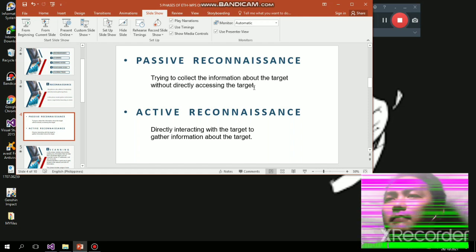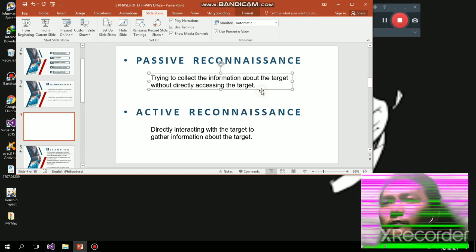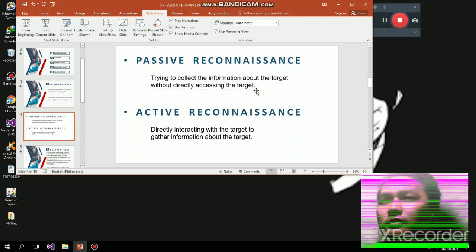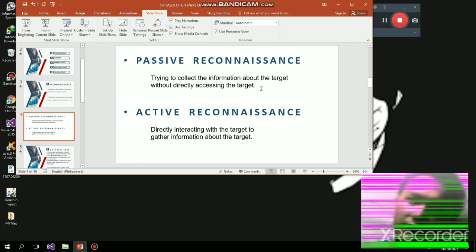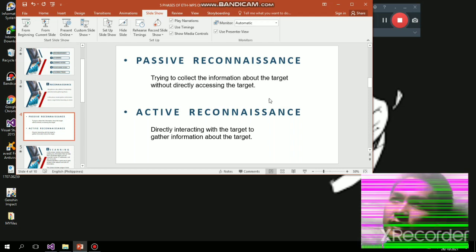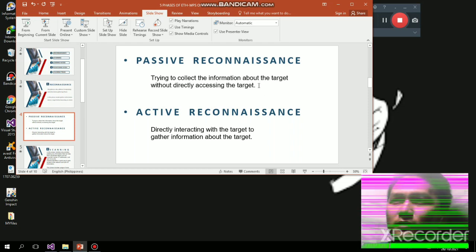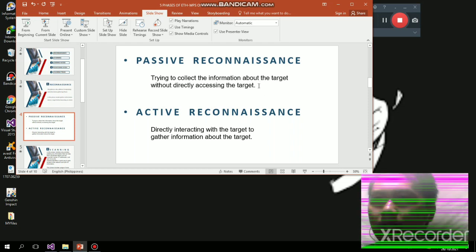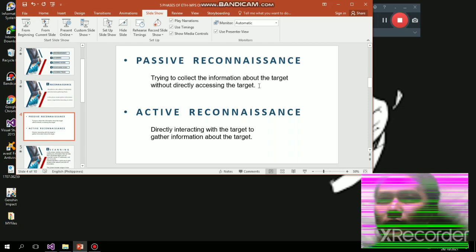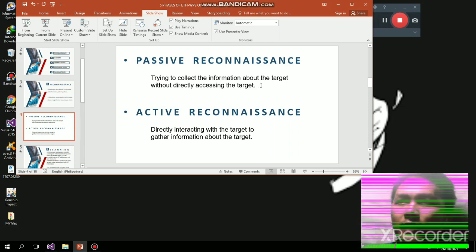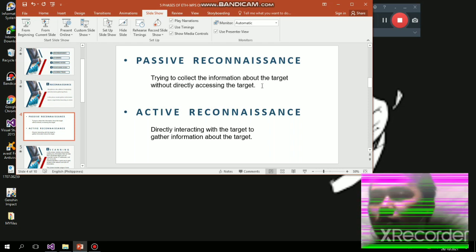Another example is searching about the organization or your target online to gain insights. That is called passive reconnaissance, meaning nag-gather kag information without wala pa ka nag-access through that system or through that target.